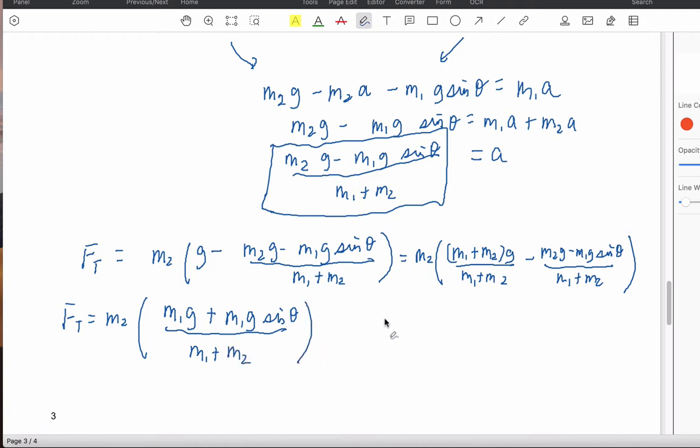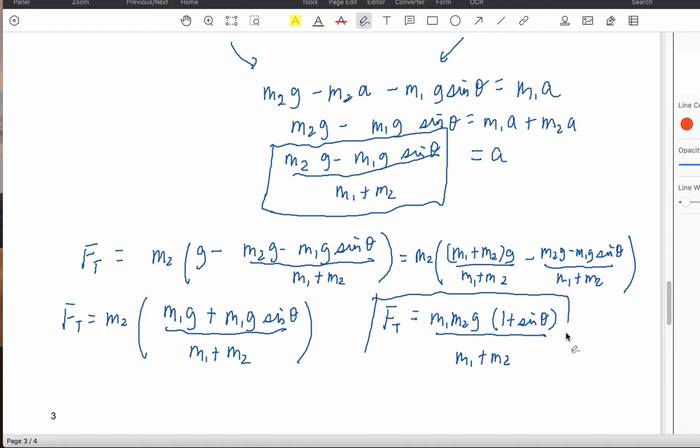And so my tension force ends up being, the tension force equals m1 m2g times 1 plus sine theta all over m1 plus m2 when I solve. That's kind of interesting. Alrighty.